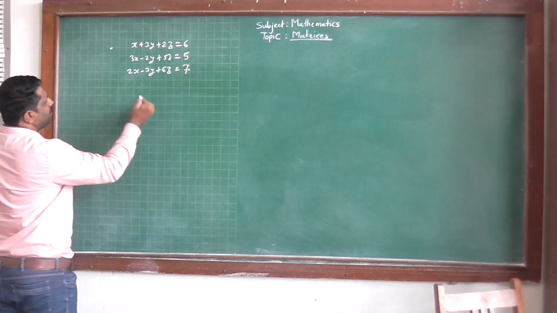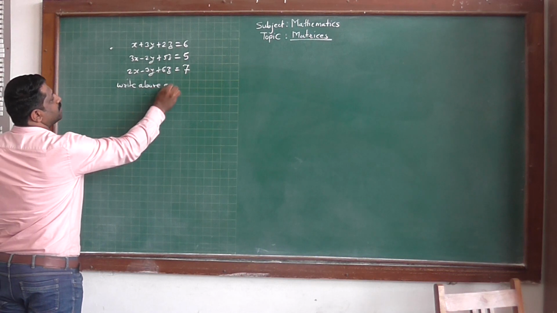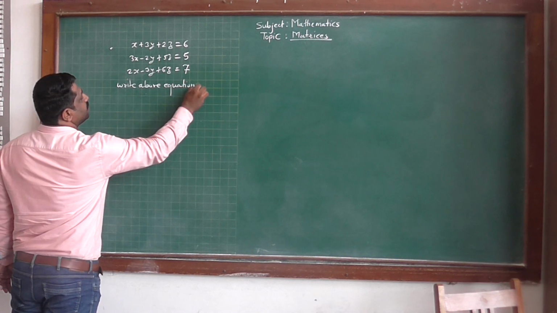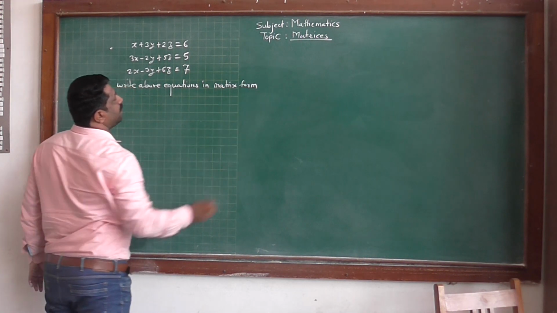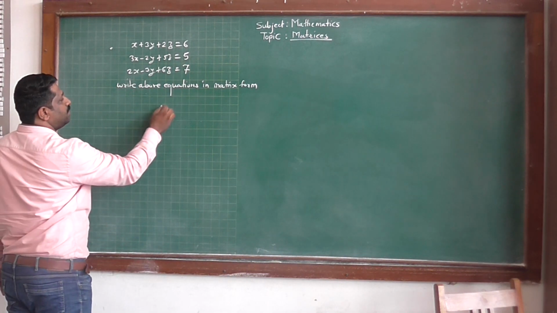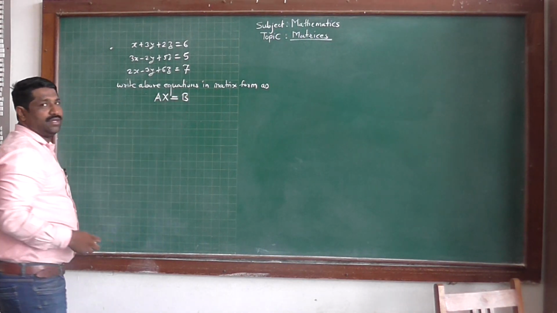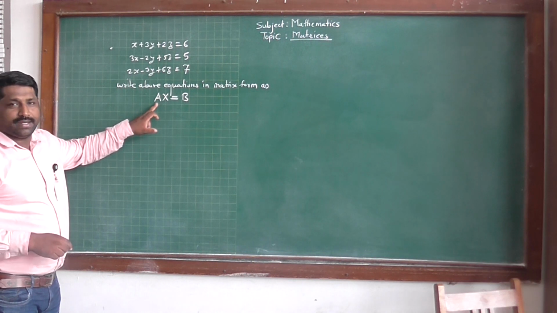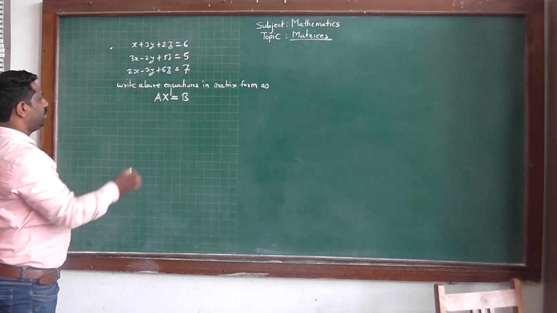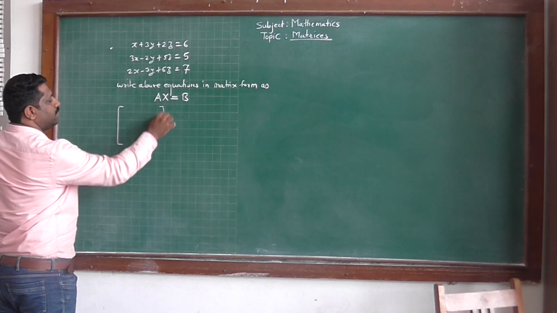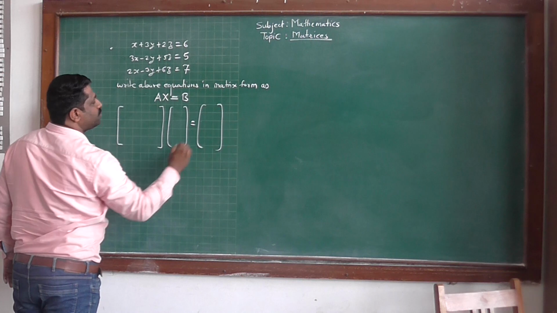Now first step, we write the above equations in matrix form. We write the above equation in matrix form as AX is equal to B. Here A is the coefficient matrix, X is the matrix of variables, and B is the matrix of constants.